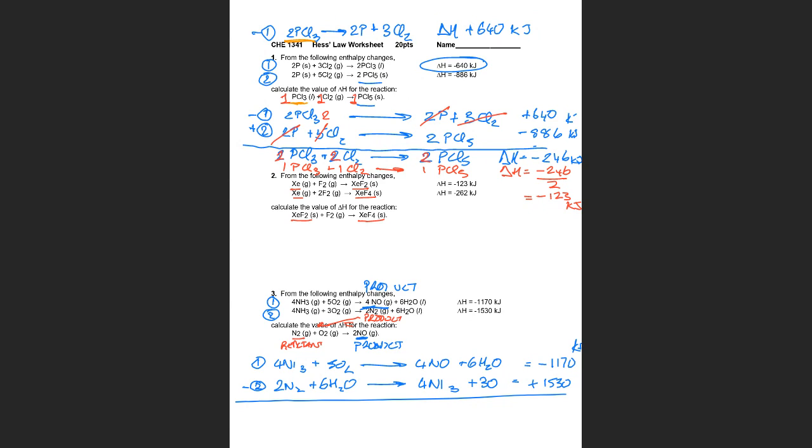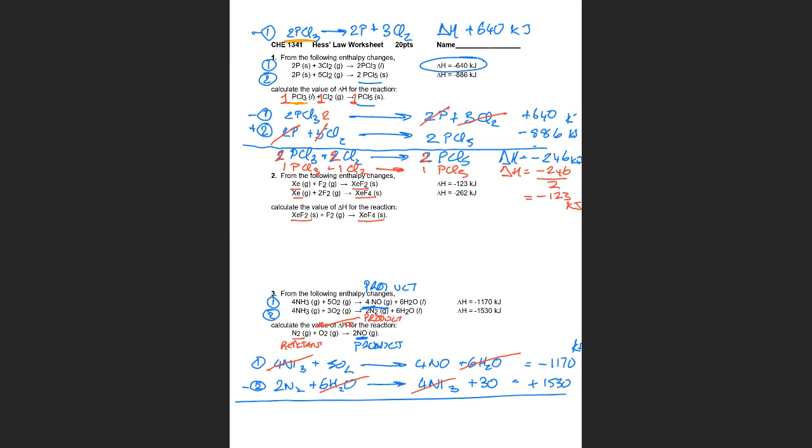And here's how we do that. This ammonia, I got 4 of them, 4 of them on the left and 4 of them on the right. They got to go. All 4 of those ammonias just canceled each other out. These waters, I have 6 waters on the left, 6 waters on the right. They canceled.